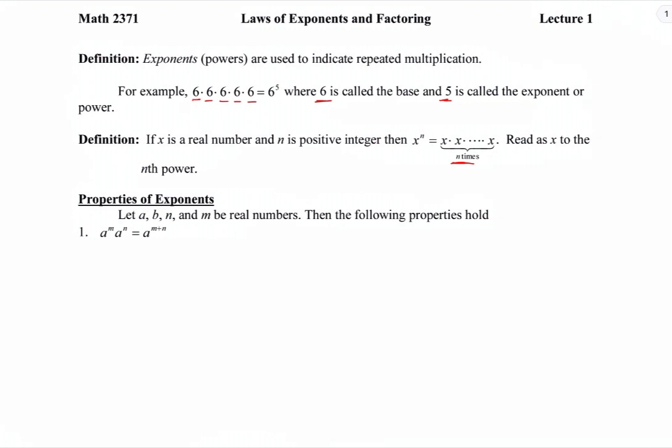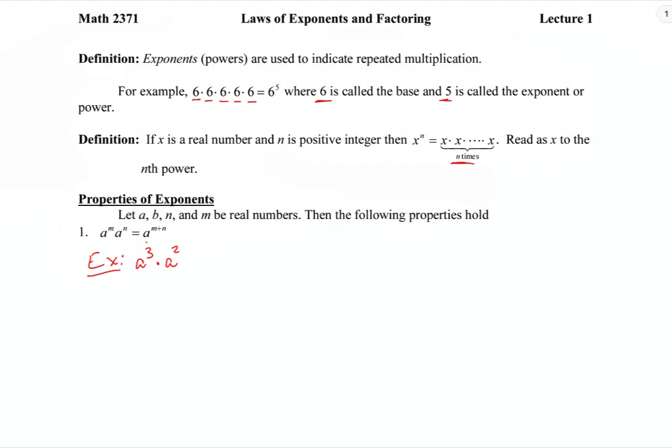So now let's go on to our properties. Let's talk through an example here. Say that I have a to the m times a to the n, and I want to show you that that equals a to the m plus n. Say that I had a cubed times a squared.